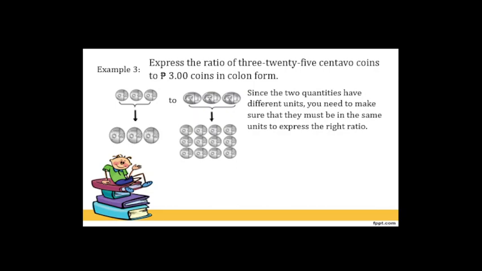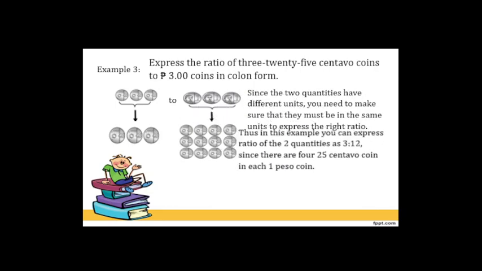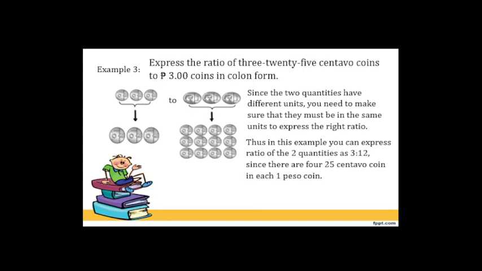So the ratio of the two quantities is 3 is to 12, since there are 4 25-centavo coins in each peso, and since there are 3 pesos, 3 times 4 is equal to 12.